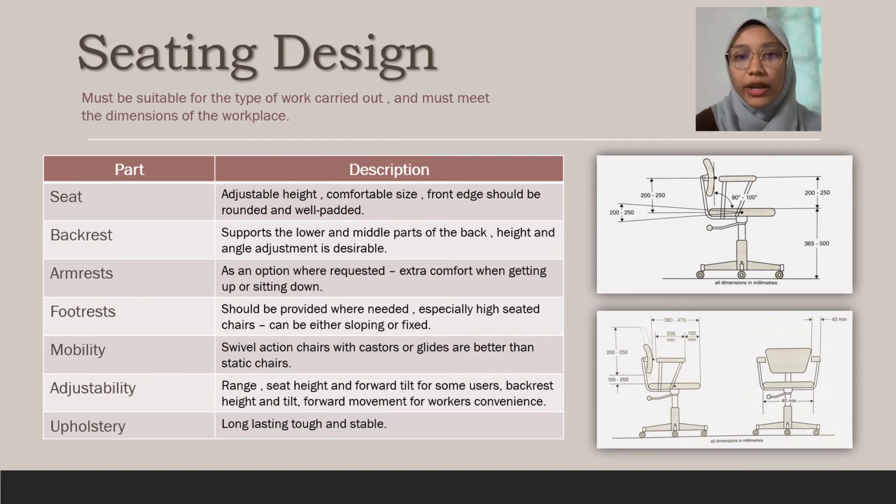Number 2, backrests, such as support for the lower and middle part. Number 3 is footrest, for a high seat and chair. And others important, like mobility, adjustability, upholstery, and durability. As you can see in the picture on the slide, there is a feature of seat adjustability on the top and the seat dimensions at the bottom.